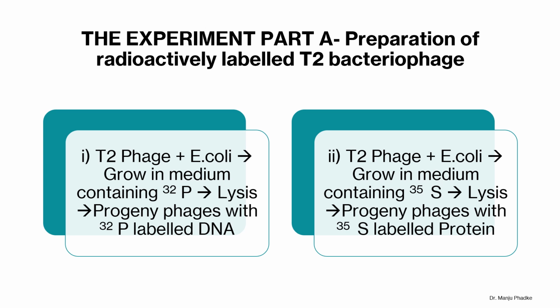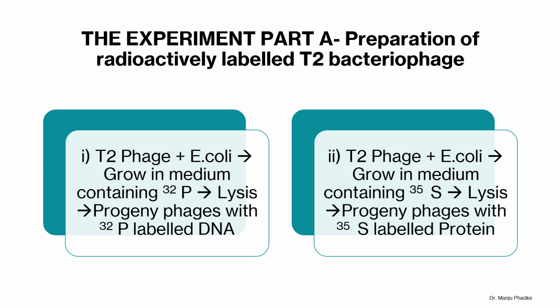In part A, they prepared the radioactively labeled T2 bacteriophage. So E. coli was grown in a medium that contains radio-labeled isotopes of phosphorus and sulfur. Now we know that DNA contains phosphorus and no sulfur, and proteins contain sulfur and no phosphorus.